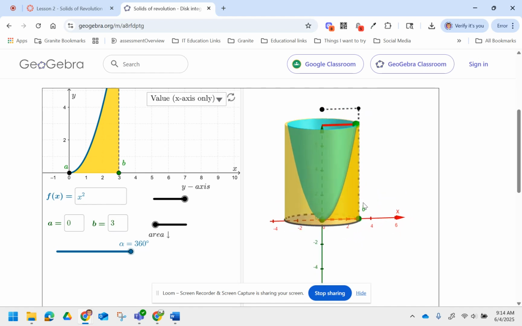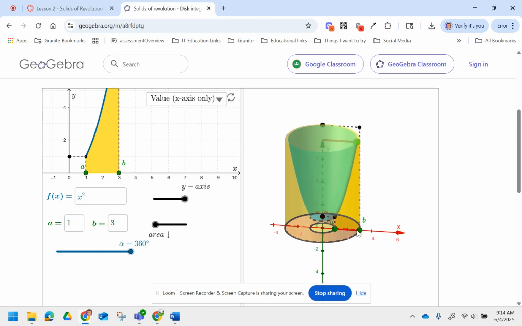Okay, but we can get a whole bunch of different shapes from two-dimensional images as we rotate them around an axis. Keep in mind things that happen when your rotation is not directly on the axis.